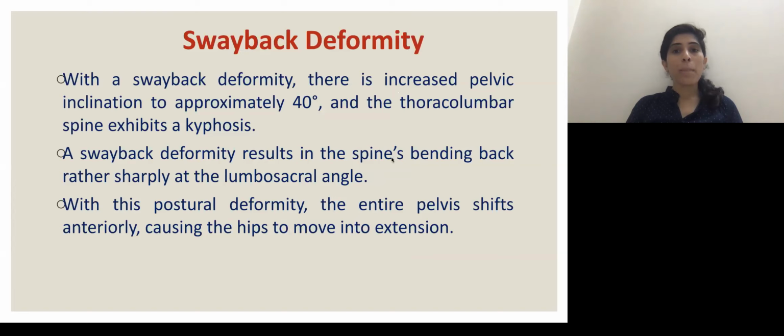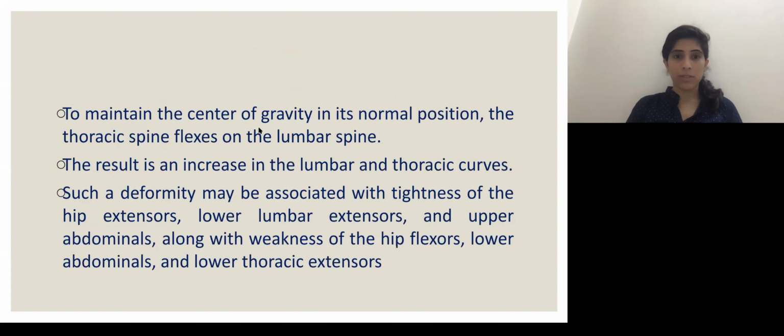Then we have sway back deformity. With sway back deformity, there is an increased pelvic inclination of approximately 40 degrees, and the thoracolumbar spine exhibits kyphosis, while the lumbar area goes into excessive lordosis. With this deformity, the entire pelvis shifts anteriorly, causing the hips to move into extension.